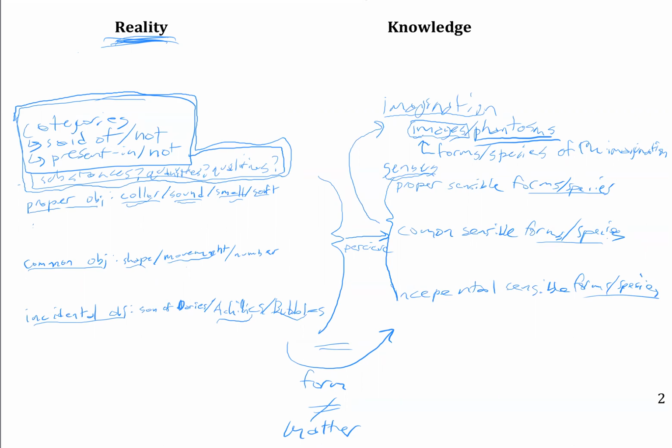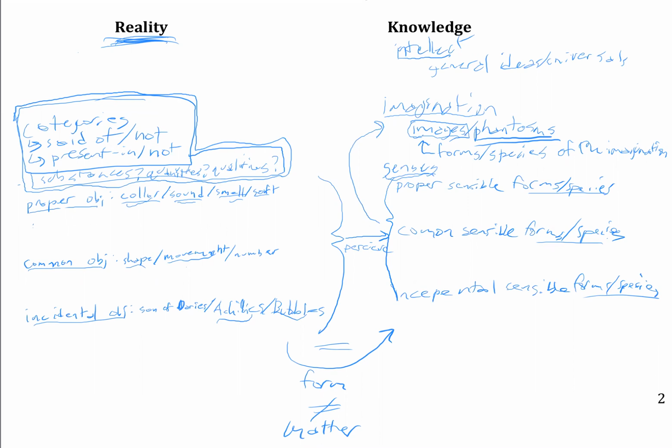Now, I can also direct my intellect to think about them. I can think about all the various images, and through thinking about them, I can compare them, and I can somehow form general ideas or universals. And I do this by pulling out what's common to several phantasms.